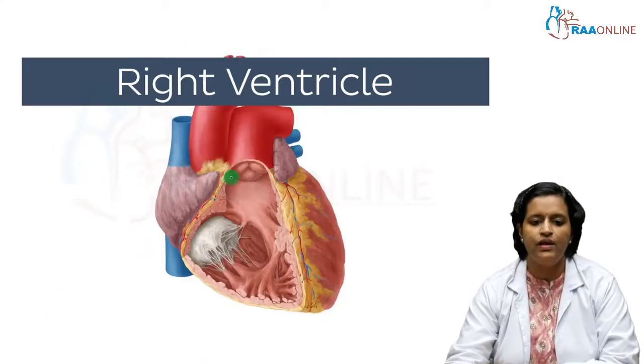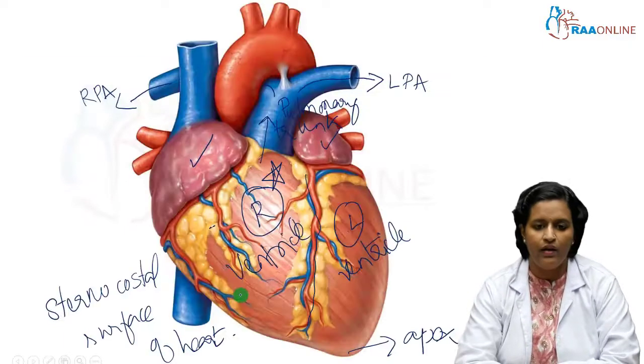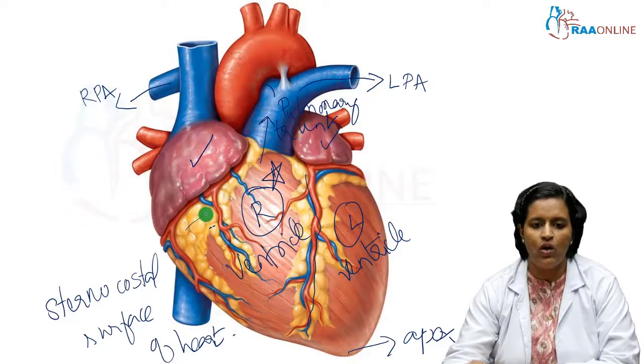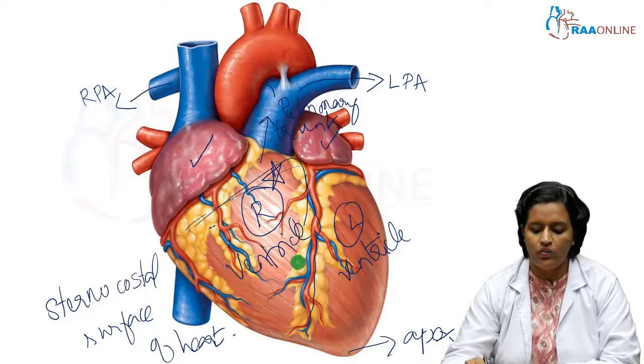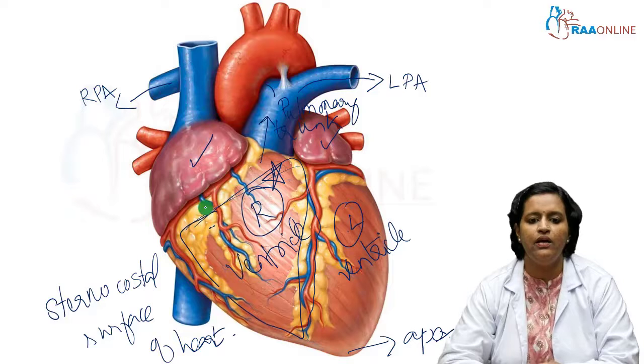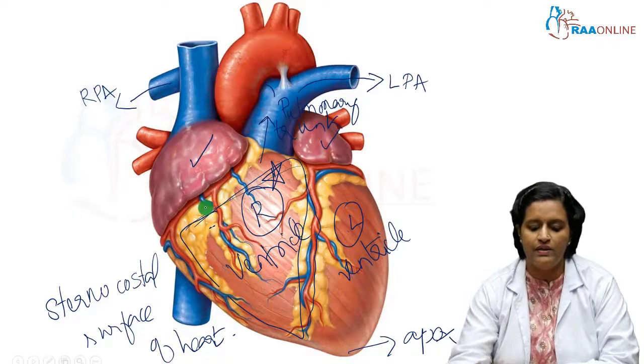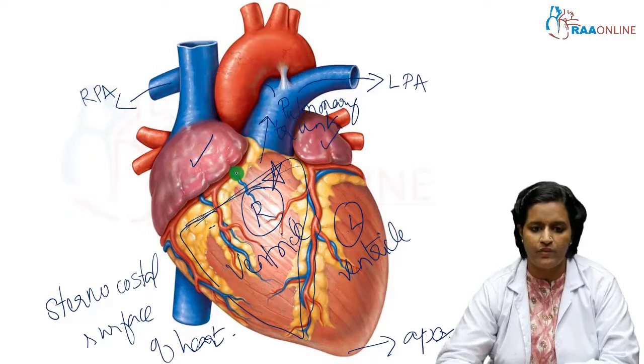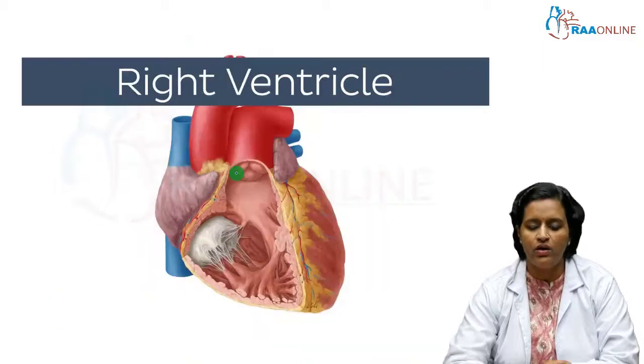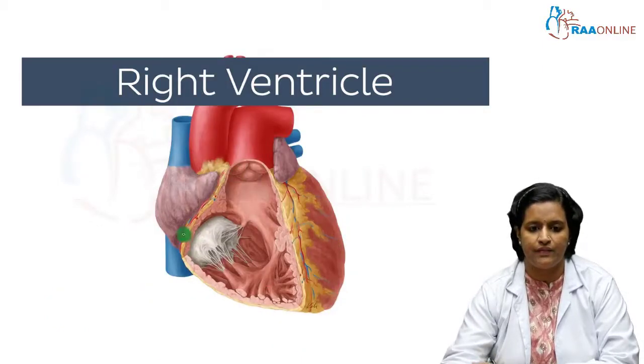This is the interior of the right ventricle, where we have removed this wall. This wall of the right ventricle has been removed, or an incision has been put, and this flap has been reflected in order to visualize the interior. So this is the right ventricle interior.